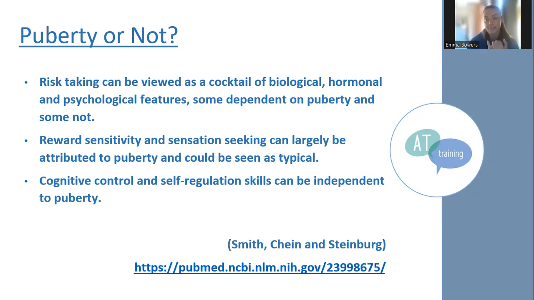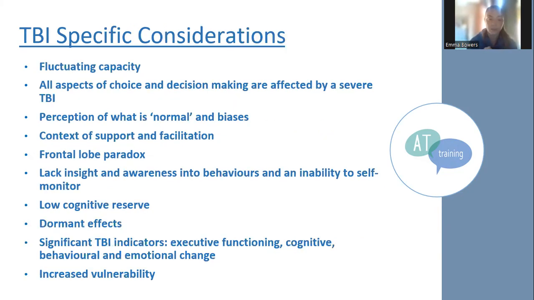Reward sensitivity and sensation seeking, as we've discussed, are likely to be attributed to puberty and could be seen as typical because of that brain development and what is happening generally in the teenage brain. However, cognitive control and self-regulation can be independent of puberty. And again, if we're thinking with the TBI lens on, cognition and self-regulation can be significantly impacted by a traumatic brain injury or any brain injury.